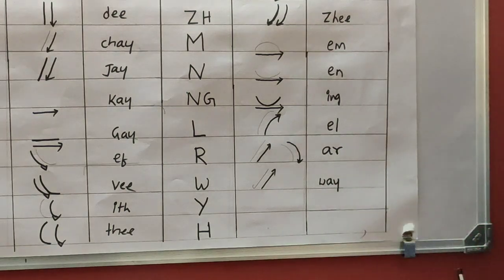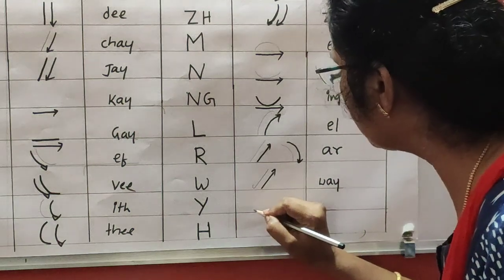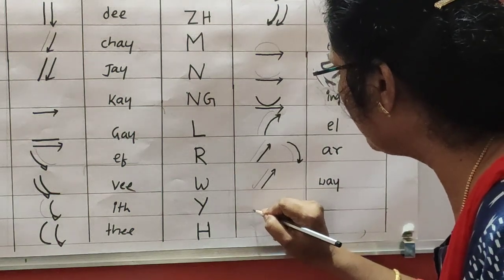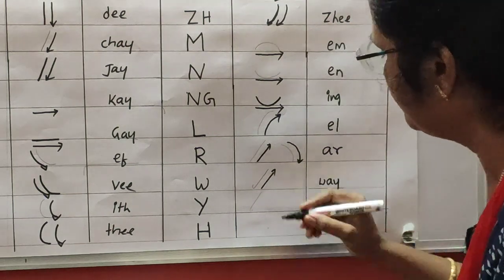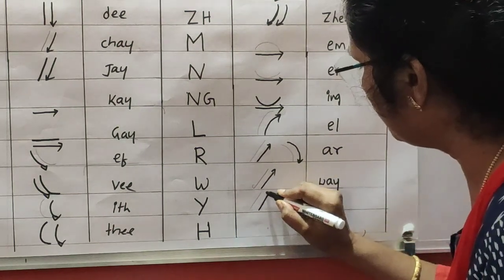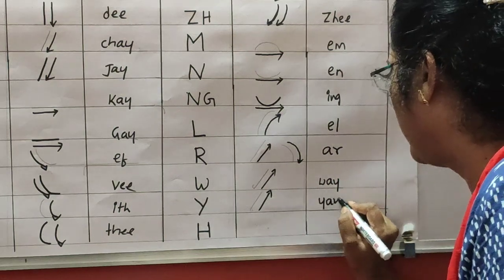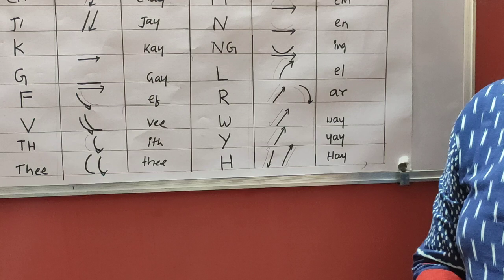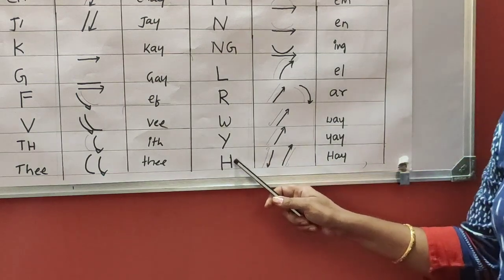The next letter is Y. It sounds as yay. Again this is from downward to upward direction. Like this you have to write. It sounds as yay. The next letter, the last letter, is H, that is the 24th character.